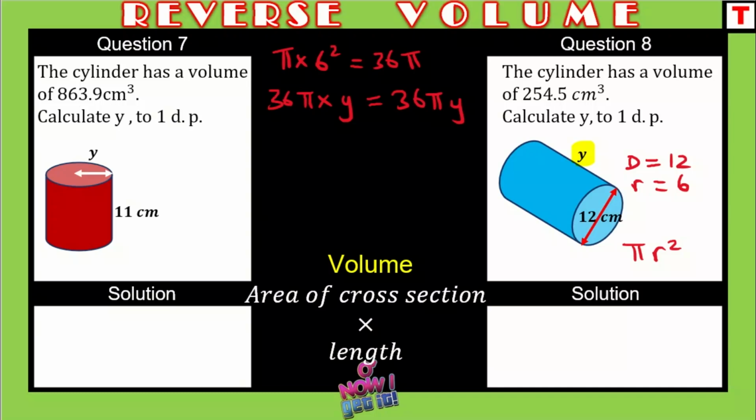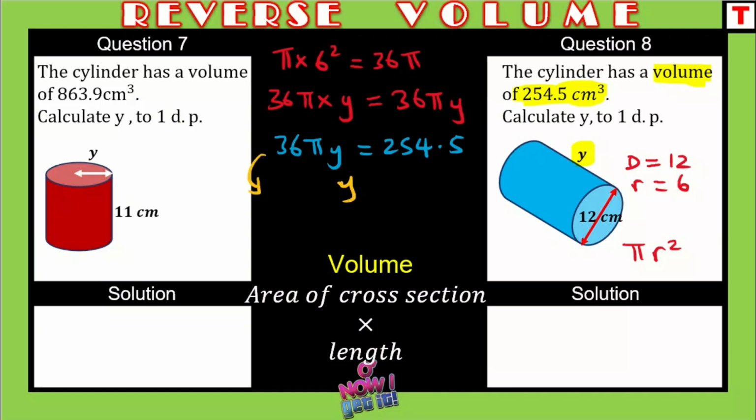We've been told what the value of the volume of the cylinder actually is. So we're going to set these two things equal to each other, because we now have 36 pi y is going to be equal to 254.5 centimeters cubed. And again, we're searching for only one y. So to do that, we are now going to be dividing both sides by 36 pi.